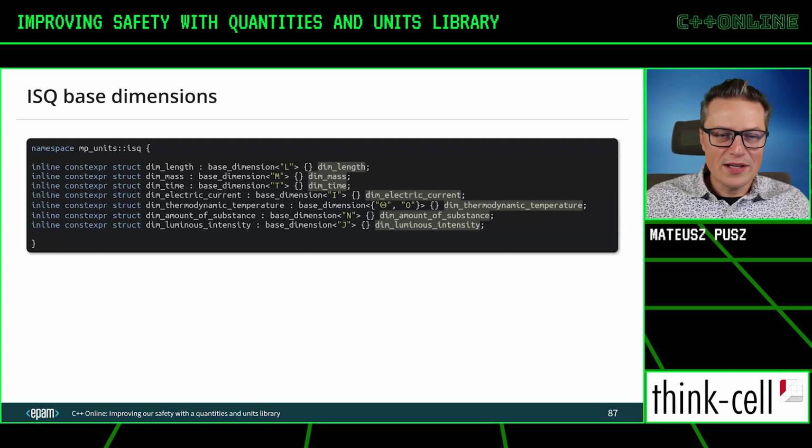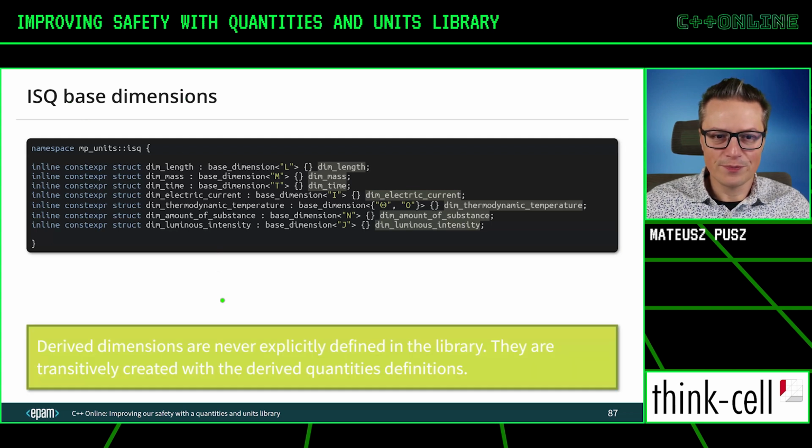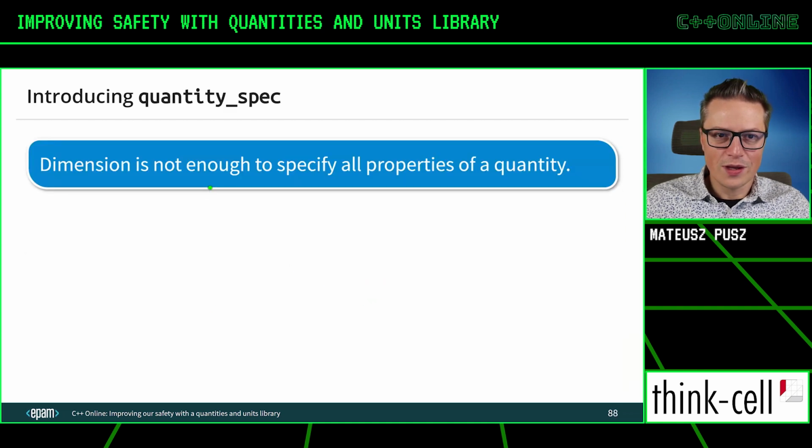An answer to this may be ISQ, the International System of Quantities that we mentioned before. It provides the base dimensions like length, mass, time, and so on. The dimensions are never explicitly defined in the library. But we also introduce something called quantity spec. The measure is not enough to specify all properties of a quantity.